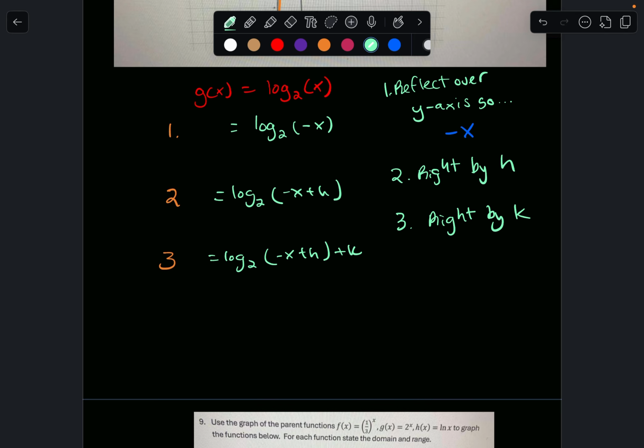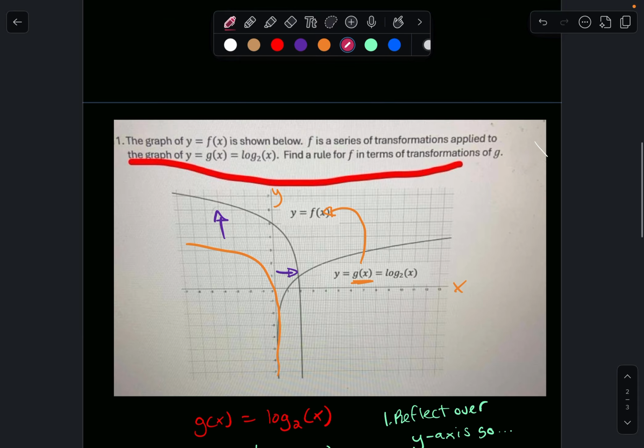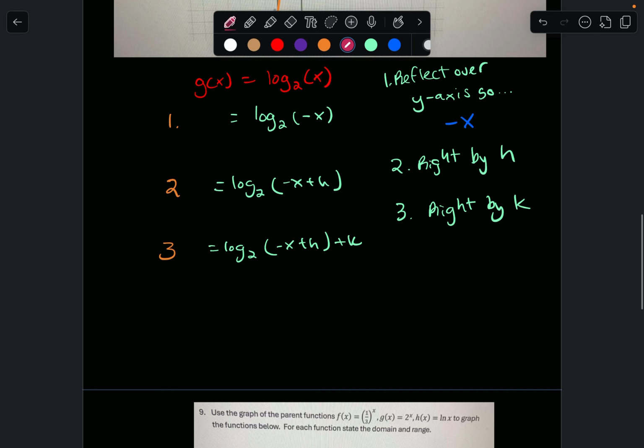So you get the transformations being... it wants you to find a rule for f. It wants a rule for f. So instead of g of x, we go equal. So this is what g of x is, but now these are all equal to f of x, because this is what we're finding.